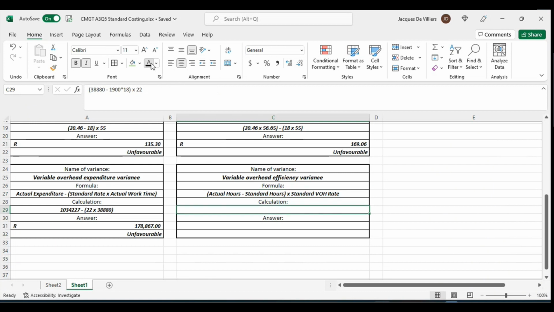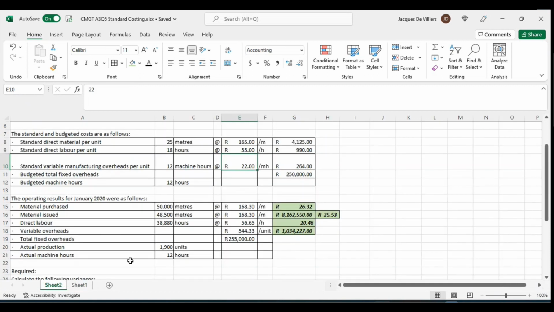Having a look at that, the actual hours was given. The standard hours will be the amount of units that was given, the 1,900, multiplied by the 18 hours that we expected to take. And our standard VOH rate will be 18 Rand.